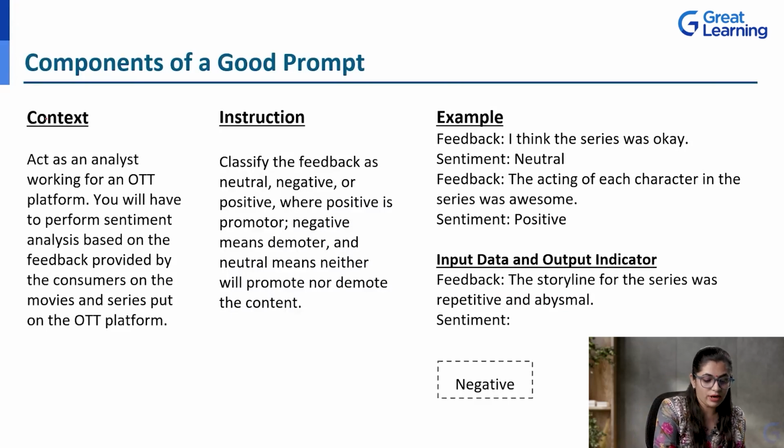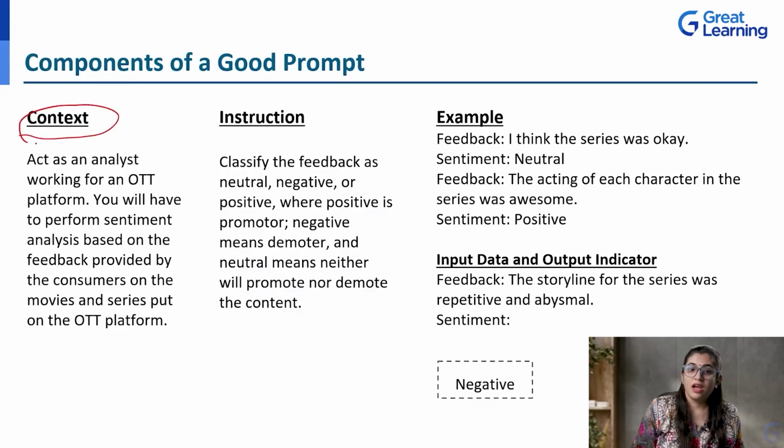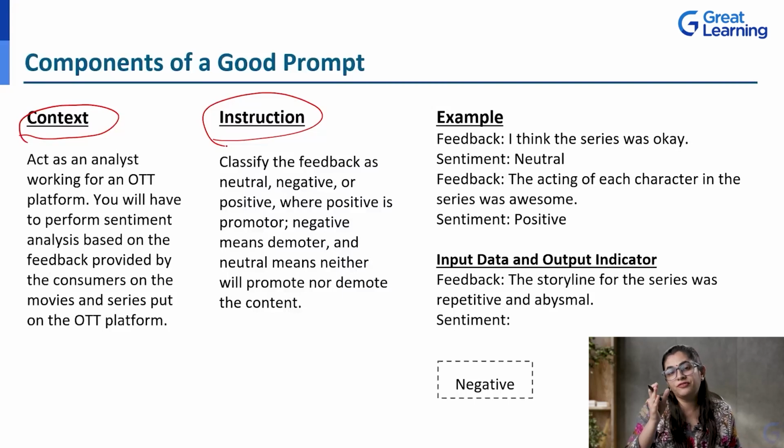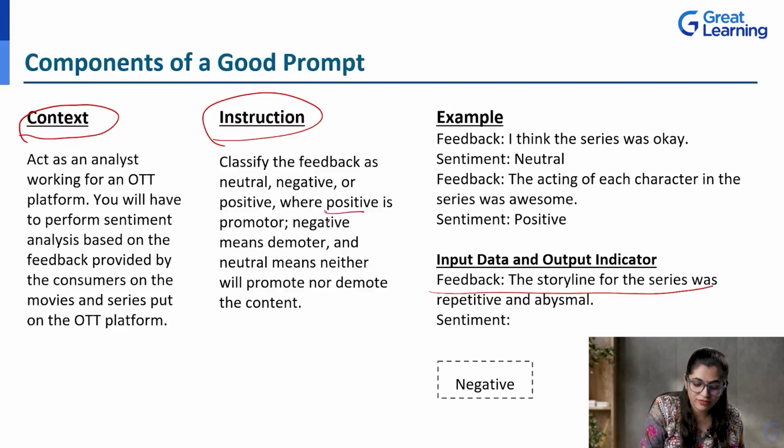That is the context that you have given, which tells ChatGPT to act as an analyst and do sentiment analysis. It gives an instruction to classify the feedback provided, that is your input data, into positive, negative, and neutral.